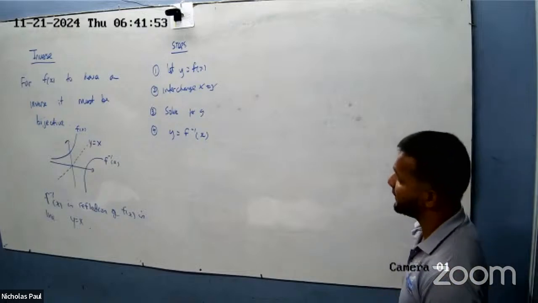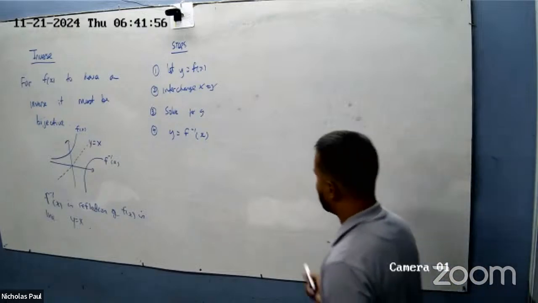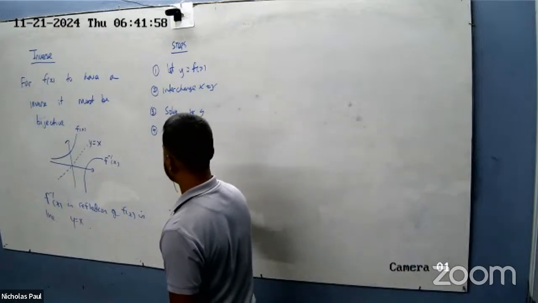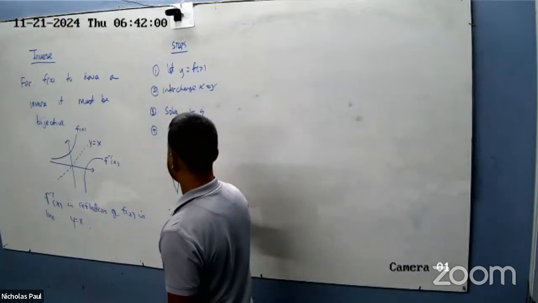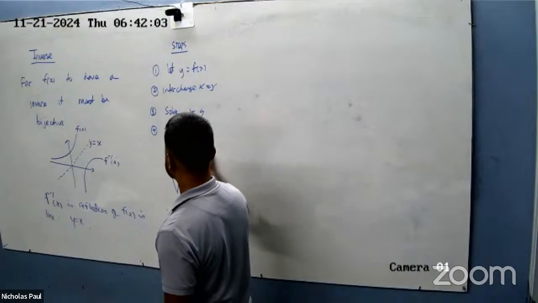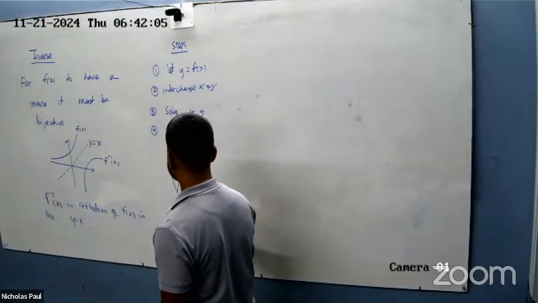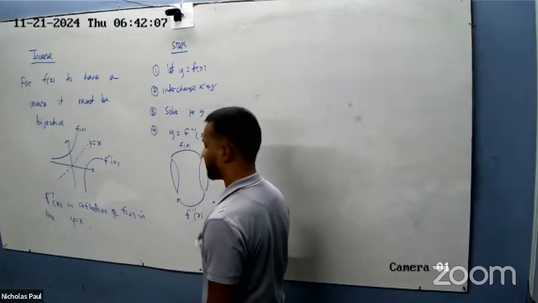All right, so just some small things for you to remember. Please remember that if I give you a relation diagram, when you map from here to here, that's f of x. When you map from here to here, that's f inverse x.